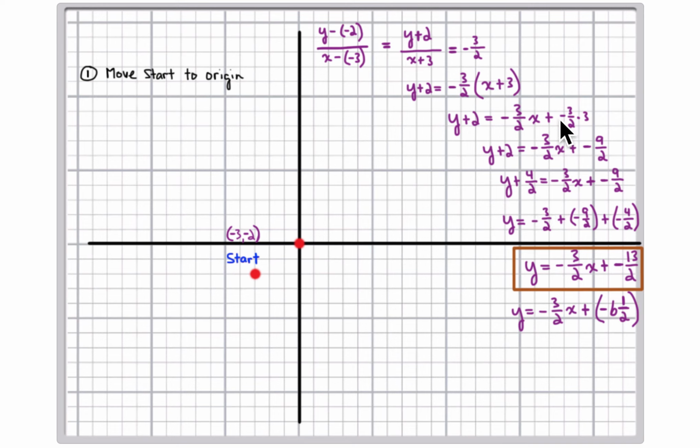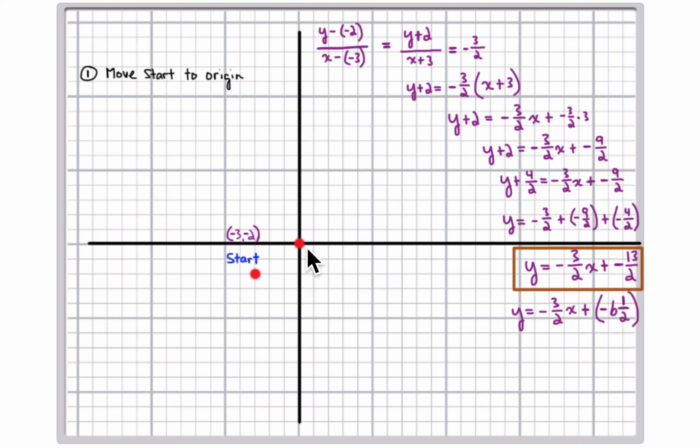And this part right here is a negative 3 halves times this 3 right here. Everything else I think is understandable. And notice that the y-intercept is a negative 6 1/2. So it's going to be down here at negative 6 1/2, right here when we get to that point.